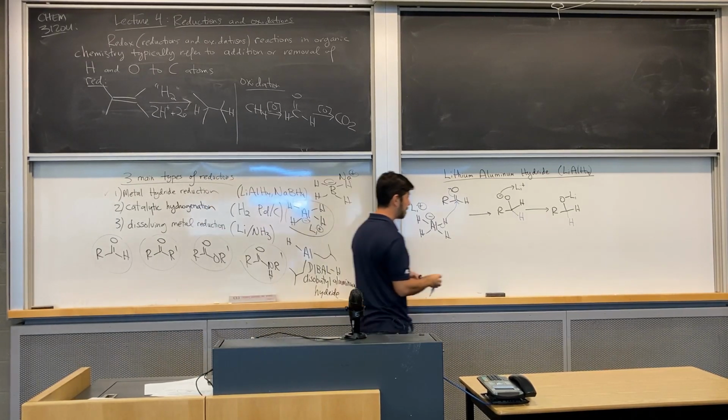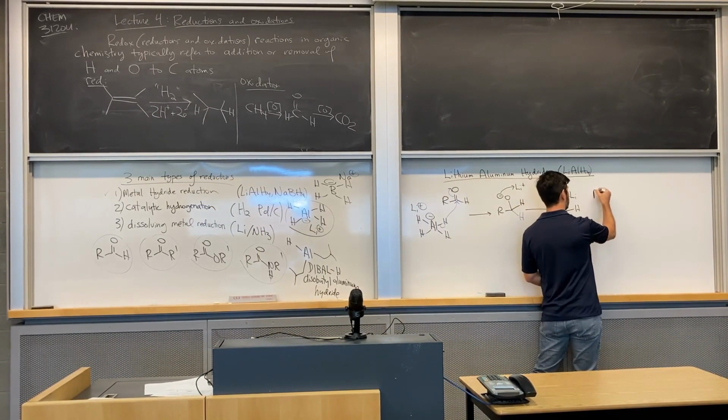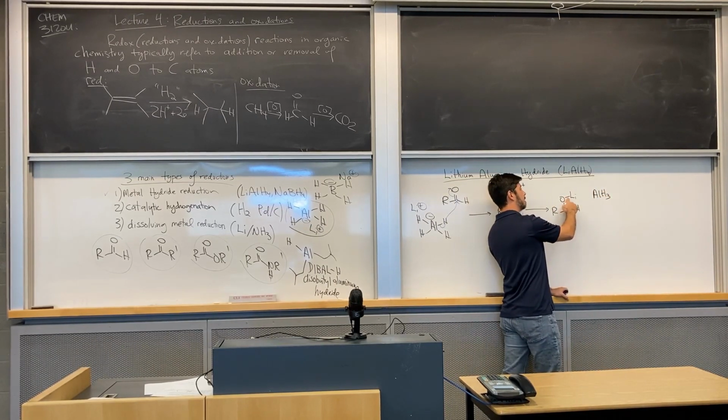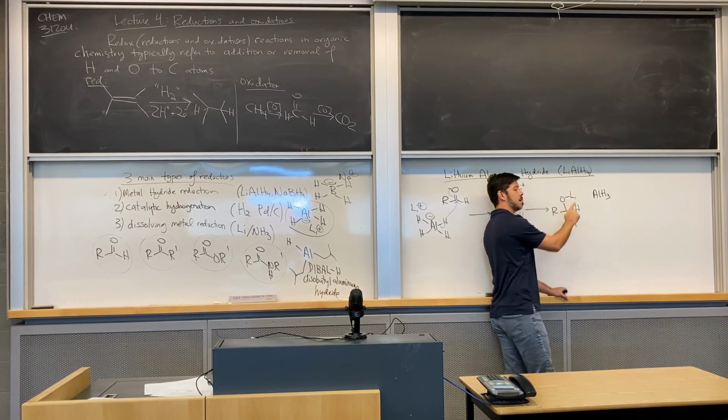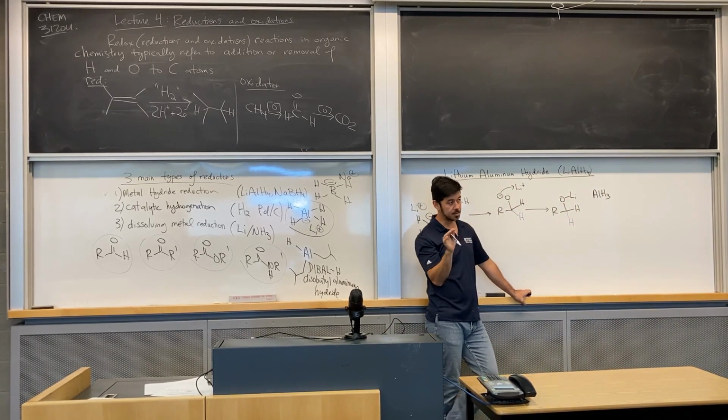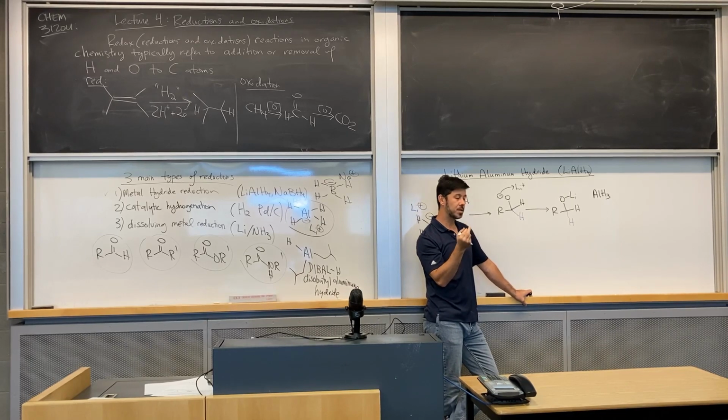And then what's going to happen is we're going to get transfer of the electrons from here to the aluminum. Keep in mind too that this oxygen-lithium bond, I've drawn it as a covalent bond, but it's in fact a strong ionic bond. Okay, you have the O-, the positive lithium.